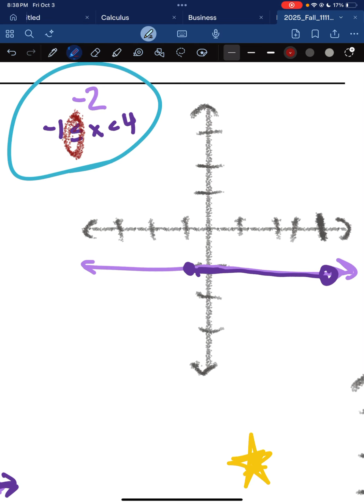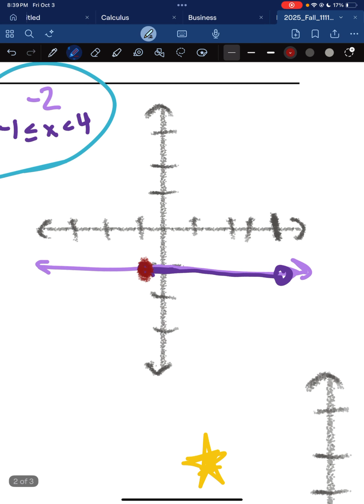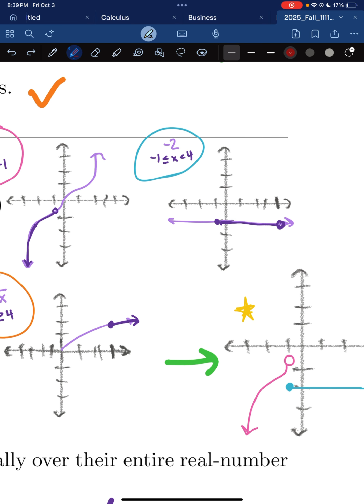And our inequality is less than or equal to, and that equal to indicates it's a closed dot. So obviously we have a closed dot here. And it goes from -1 to 4. So that's where we have to stop, at 4. It's between -1 and 4, anything in between. And 4 is going to be an open dot, as you can see from the inequality.